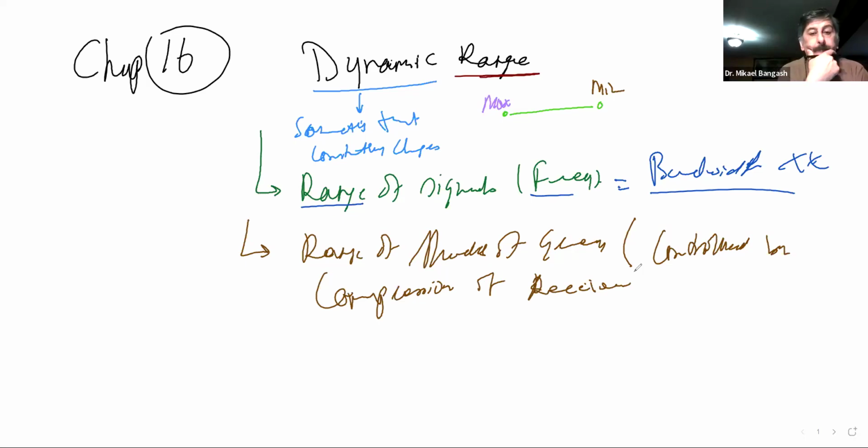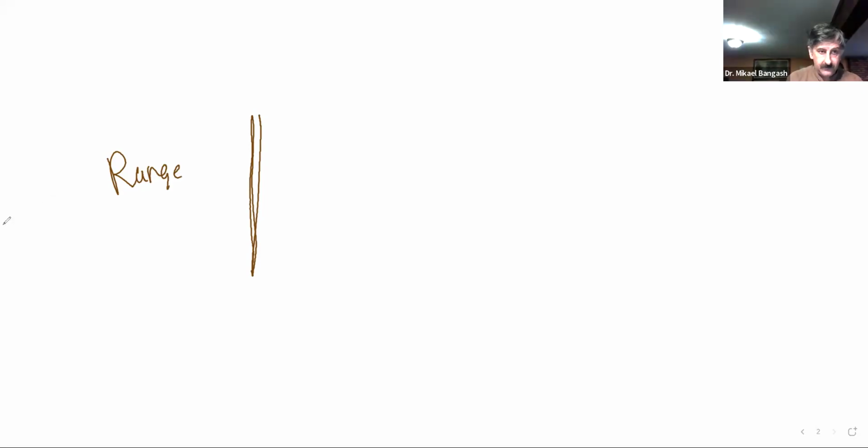Is that clear? Now, because it's all written in your book, I'd rather do it in this form here. If this here was our range, what did we have on this range? We had a minimum value.